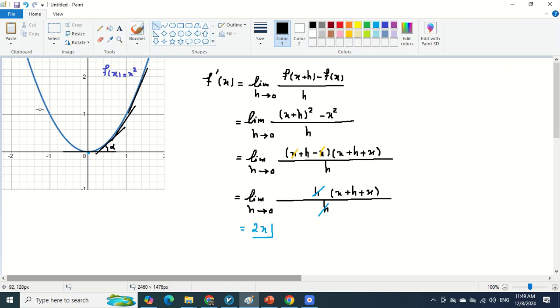But at the left side of this parabola, for example over here, if I sketch the tangent line, you can see that the tangent of this angle, which is more than 90 degrees, is negative, and because of that the value of the derivative at the left side is equal to 2x, and x is negative, so the result will be negative as well.